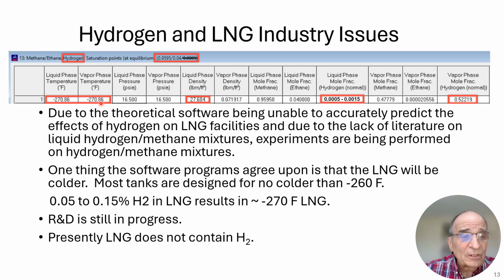So here we're looking at a liquid temperature and a vapor temperature of minus 270.86. That is problematic because most tanks are designed for minus 260 degrees Fahrenheit. So how do you handle LNG that's at minus 270 degrees Fahrenheit? It becomes a real problem.